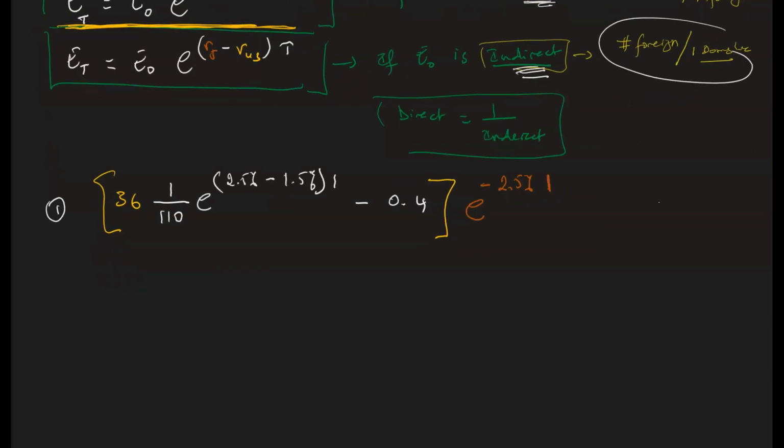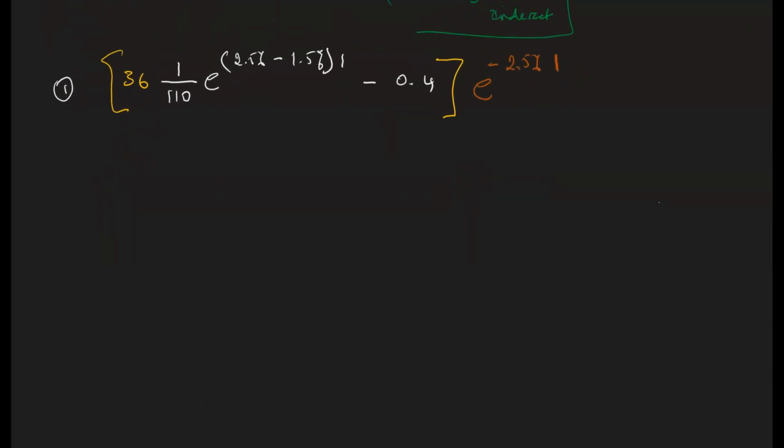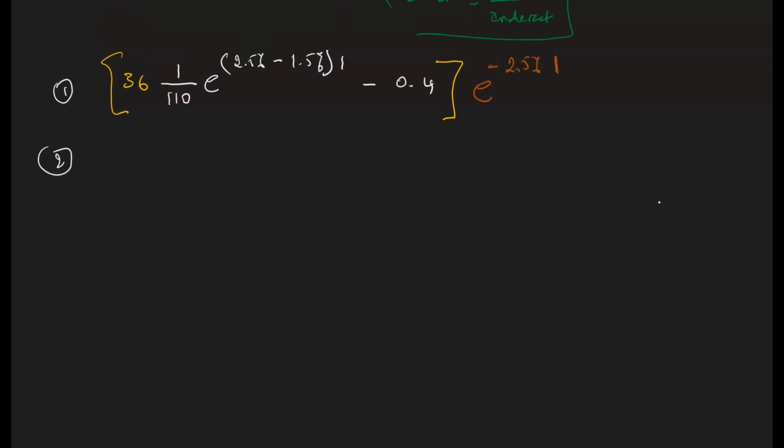The second cash flow is going to be the following. I'm still going to get 36 million, which I'm going to convert, because this is in yen, into US dollars.